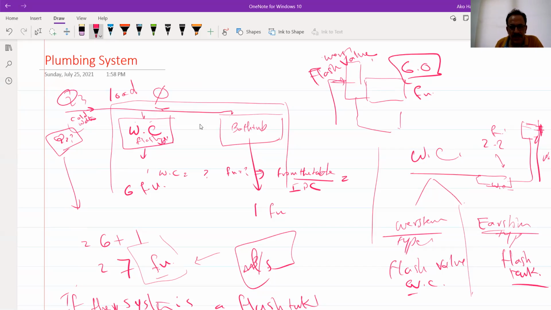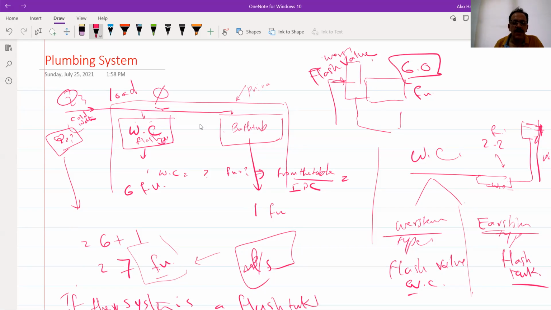Now, this is if you are in private use, it means you are using it in your own house. So is the flow going to be the same for a water closet as for a tap? No. So they innovated a method to calculate the Q for these two units together.